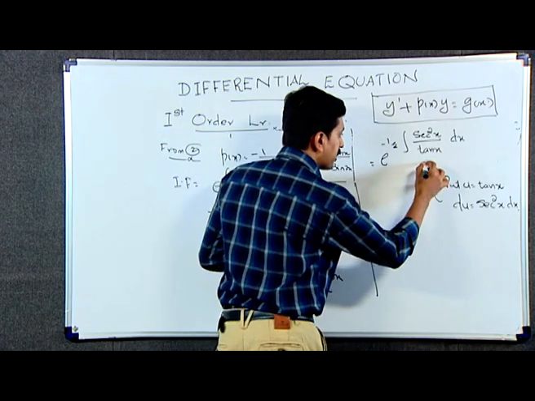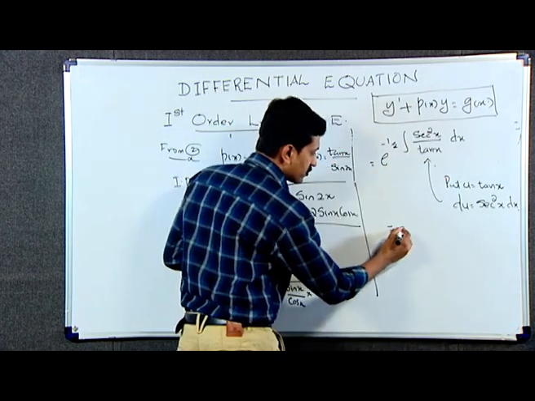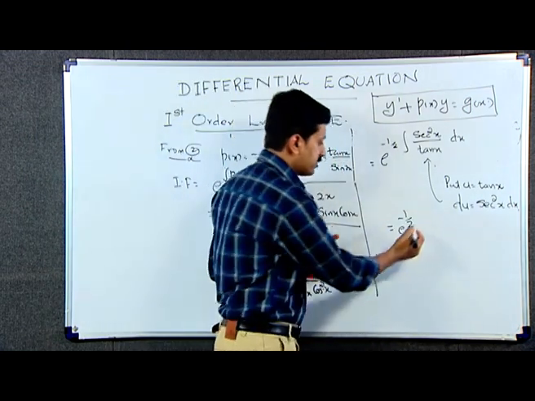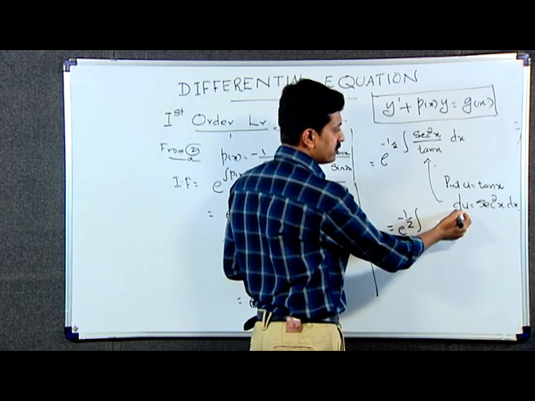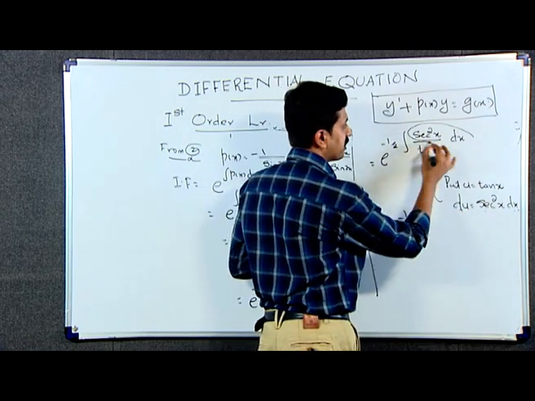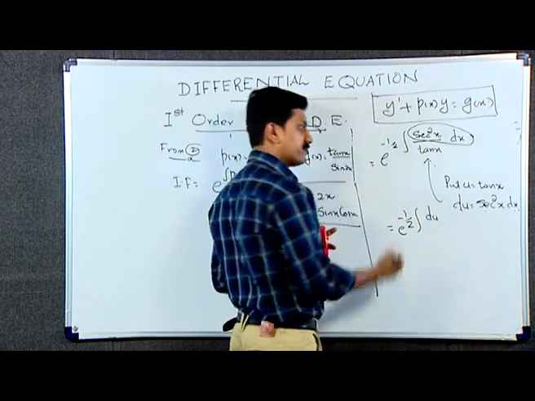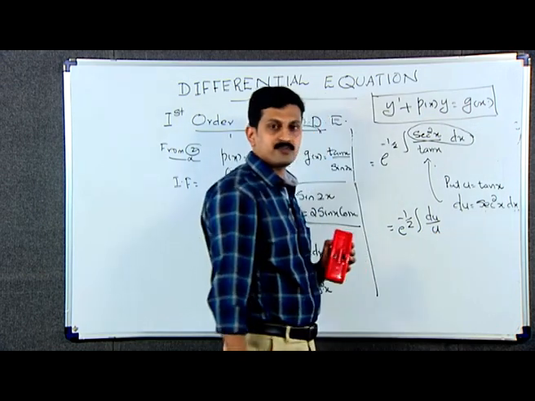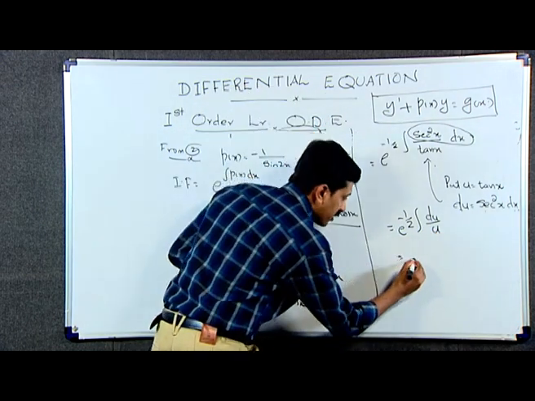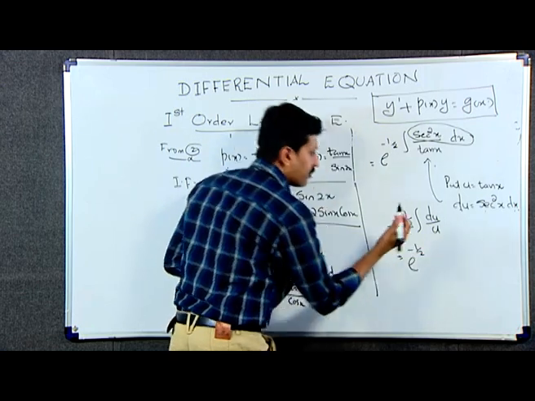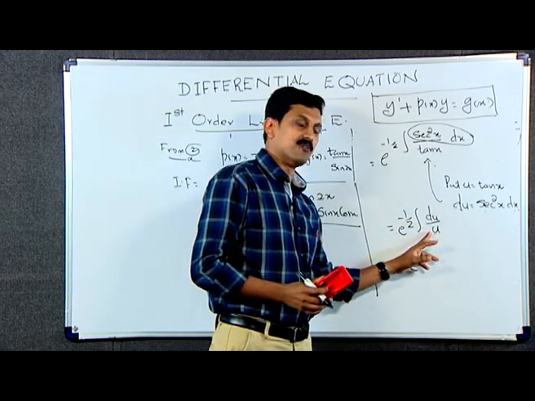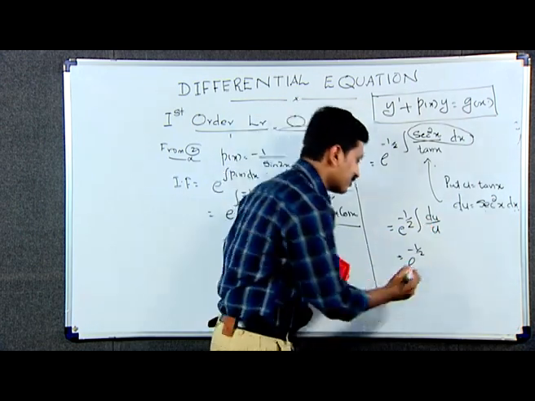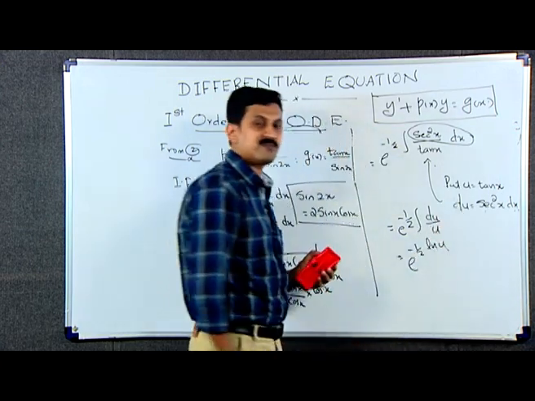So, applying this, we get e raised to minus 1 by 2 times the integral of du by u, since sec square x dx is du and tan x is u. The integral of du by u is equal to log u.